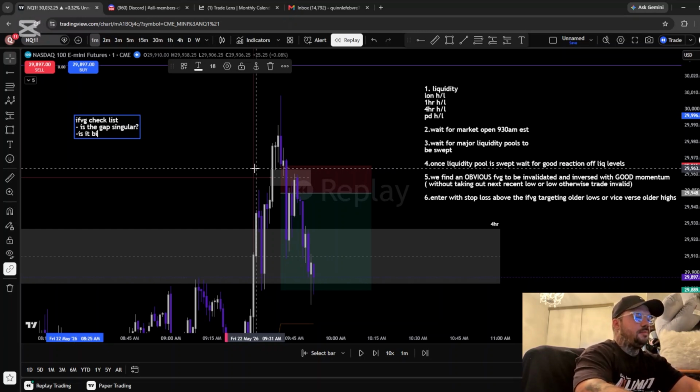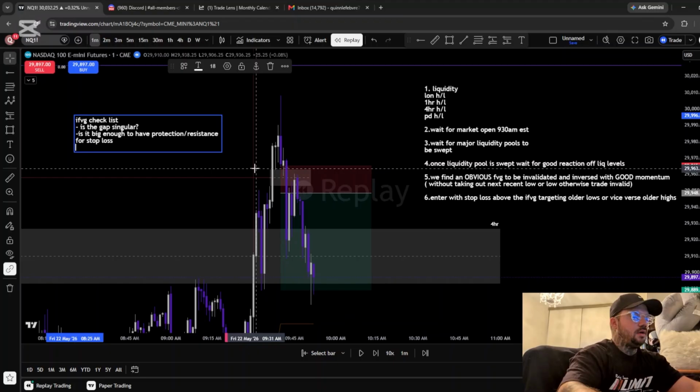Is it big enough to have protection / resistance for stop loss? What else? Yeah, so I guess that's all you really got to worry about.